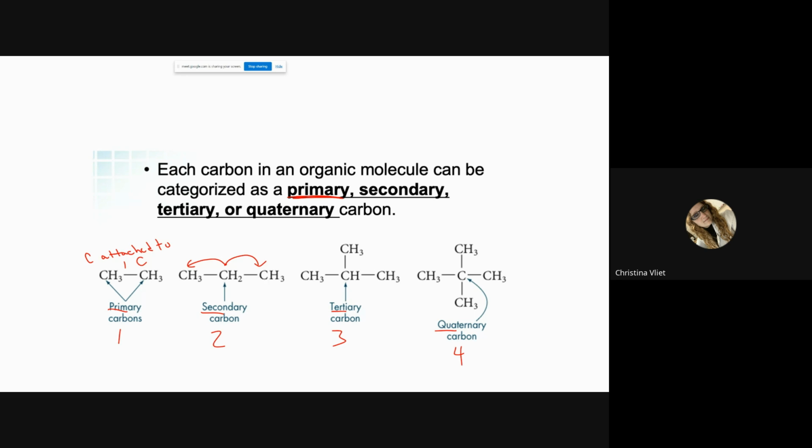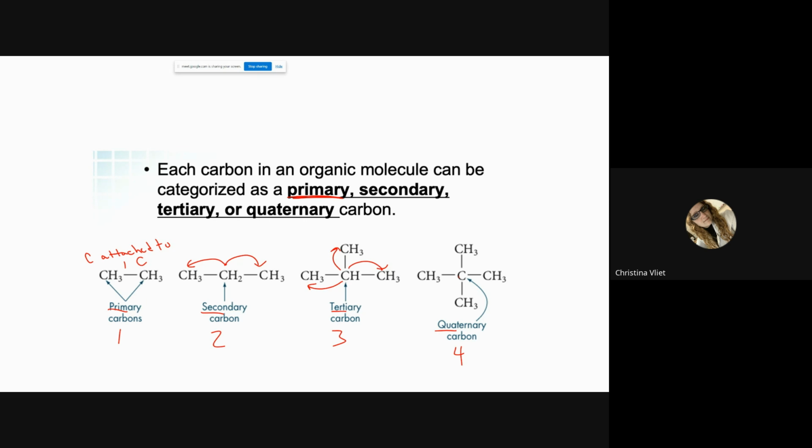If I have a tertiary carbon, that means I've got a carbon that's connected to 3 other carbons directly. And then finally, a quaternary carbon is one where you've got a carbon attached to 4 carbons directly. So carbons can be attached anywhere between 1 and 4 other carbons because carbon can make 4 bonds.